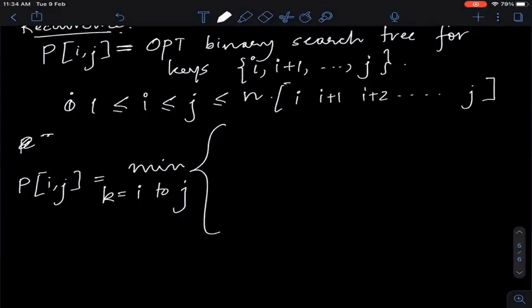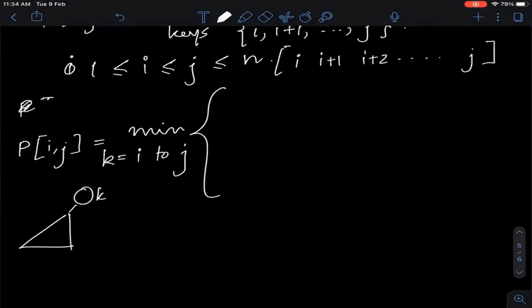Again, just visualize that you have fixed some k as the root. Then what are the elements that are left in your left subtree? If I fix some k in this range to be the root of this subtree, which subproblem should I solve for the left-hand side? According to this definition, it's not 1 to k minus 1.